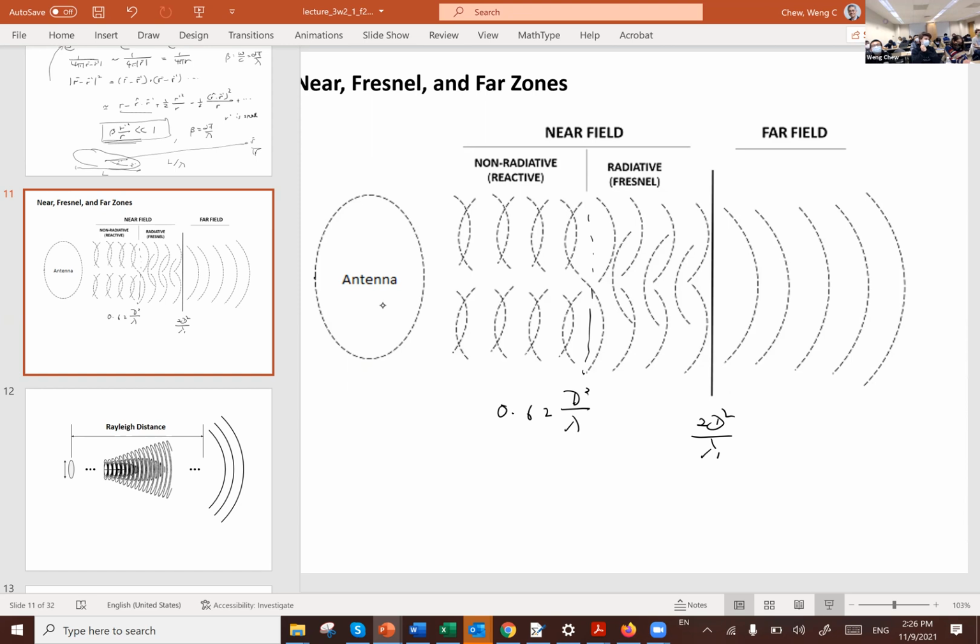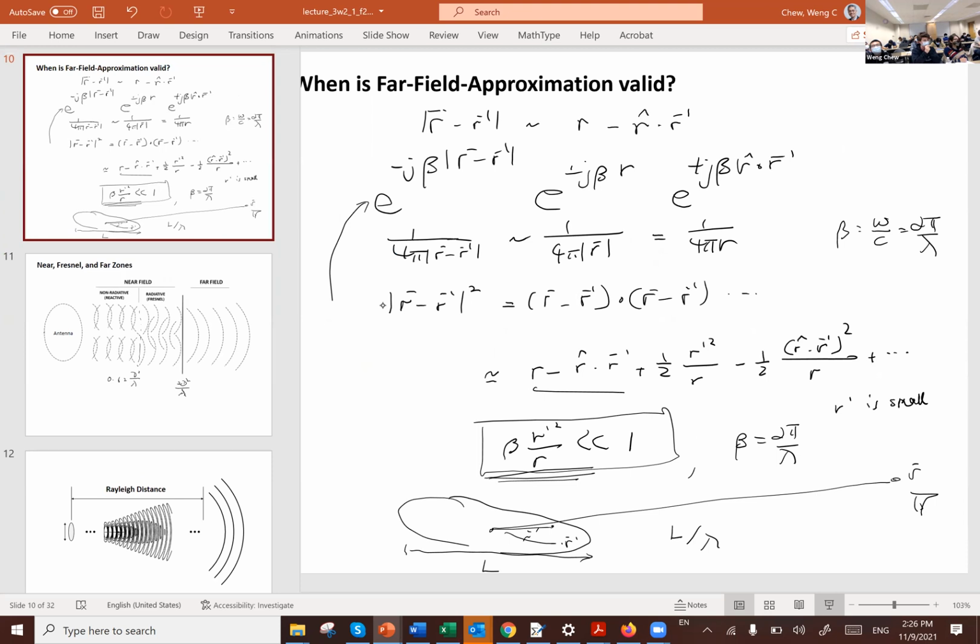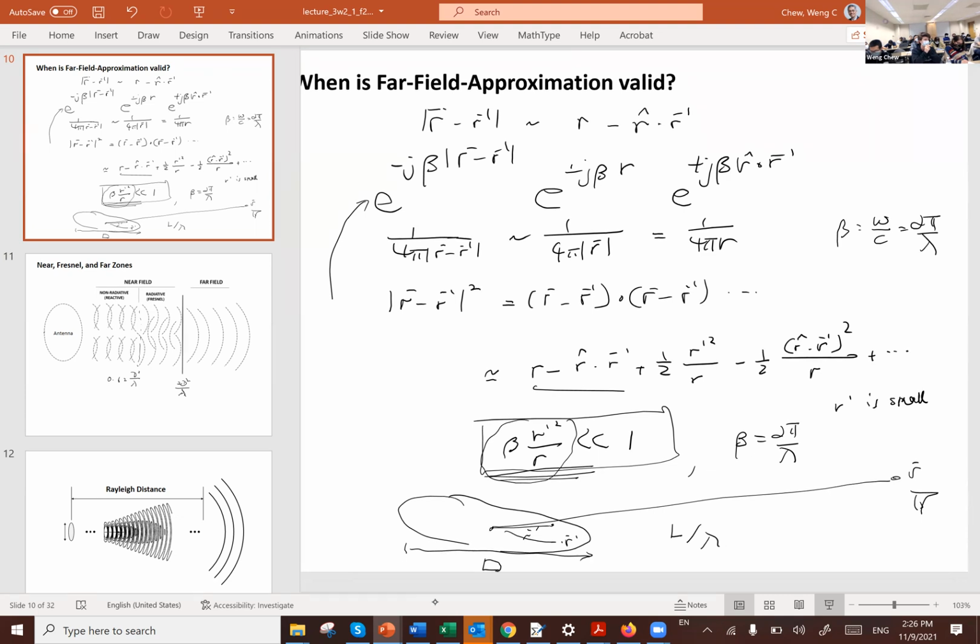And you can see that this demarcation point actually comes from this formula over here. R prime denotes the size of the aperture, or the d. And beta is 2 pi over lambda.